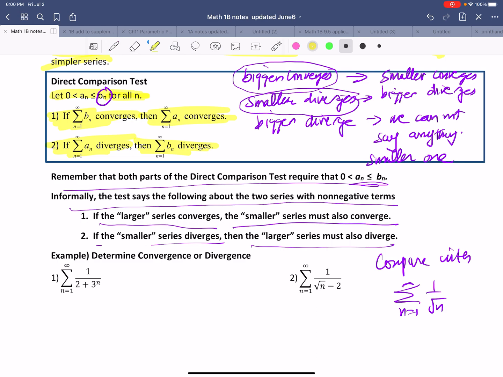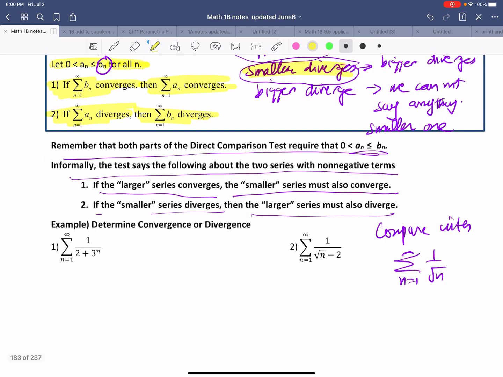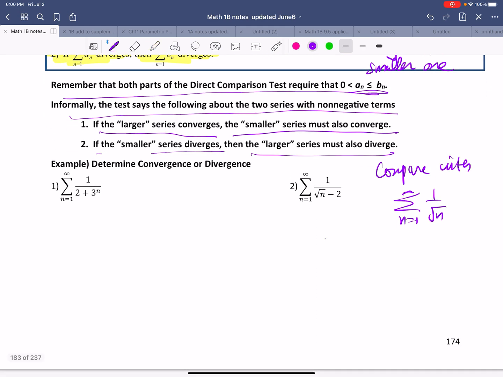That's your goal. In this case, I'm going to say square root of n is always greater than square root of n minus 2. And when we take the reciprocal here, the sign of the inequality will flip.